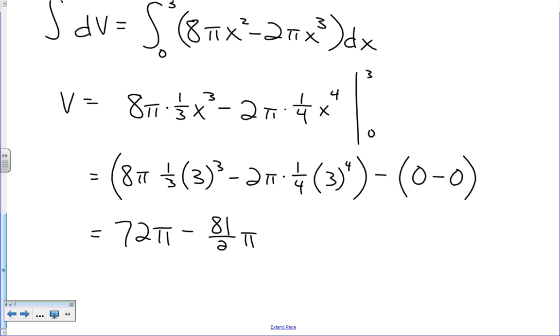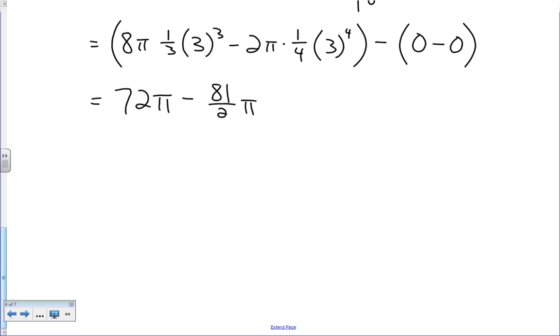So we have 81 over 2, maybe I should have written that as a decimal to make it a little bit easier to work with. 81 divided by 2 is actually 40.5 pi. So 72 minus 40.5 pi, that sounds like we're going to end up with 31.5 pi. Okay, there is our definite integral. That is our volume of this solid.